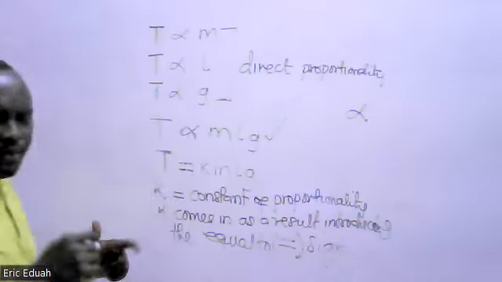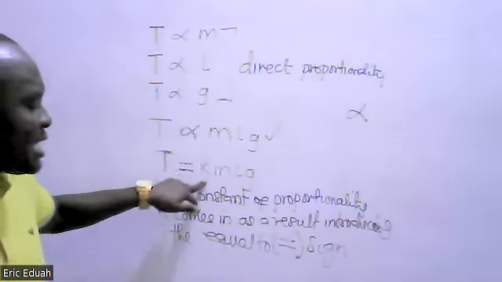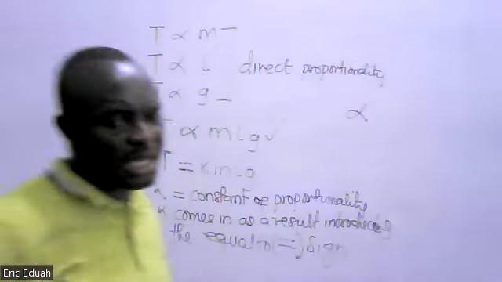So whenever you eliminate this symbol and introduce an equal to, there must be a constant of proportionality.